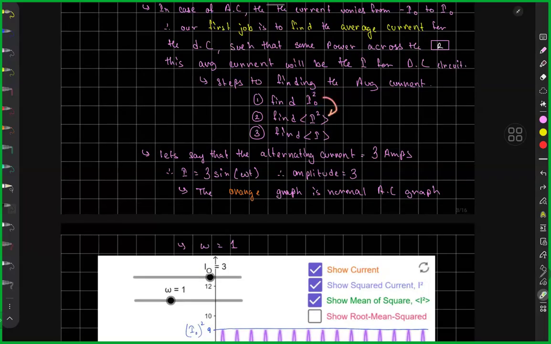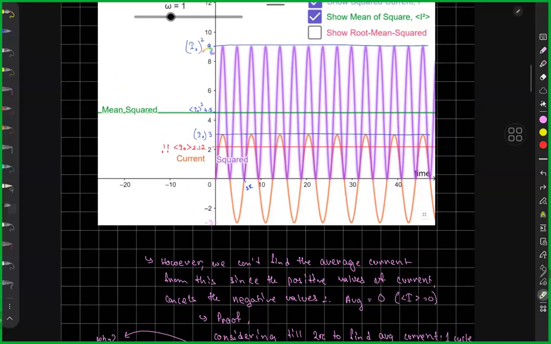How do you get to this? Pretty confusing. The reason I say confusing is how do you just find out the average value? I know that the I naught square value, the maximum current squared, is 9. But what is the average squared value? The I square value varies like this in the positive axis, but it varies.